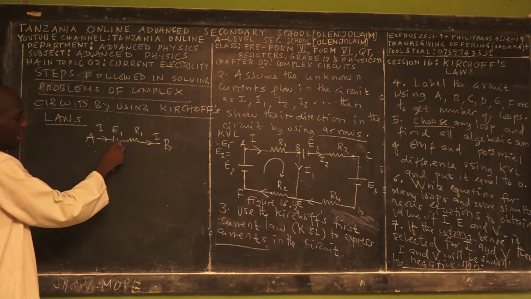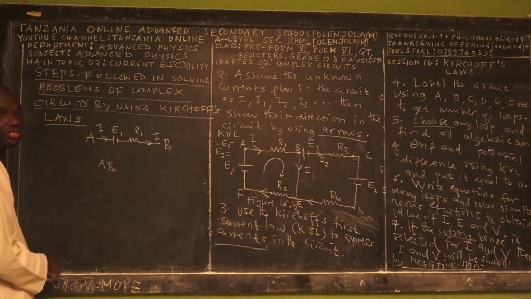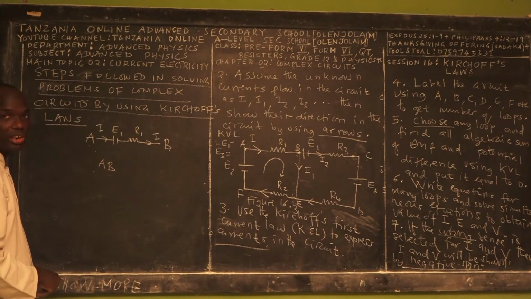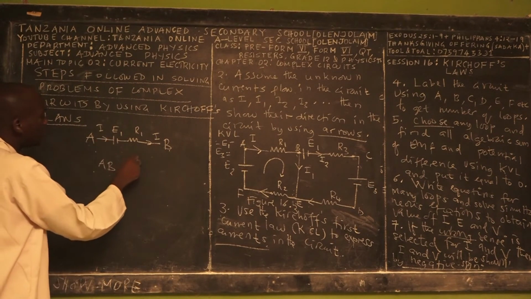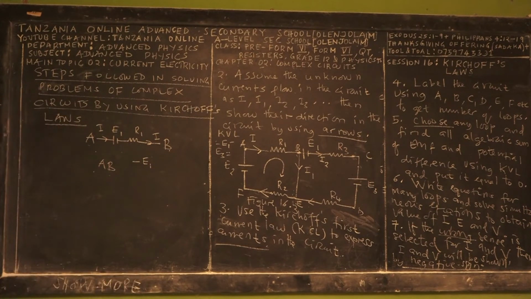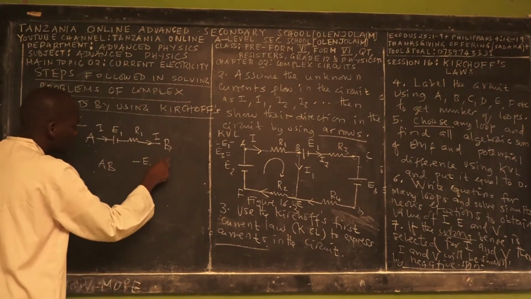How about this dry cell? The dry cell is driving current in the opposite direction, but my direction of the loop is different, right? So when I write this electromotive force, I will say negative E1. Are we together? Yes, because I moved from A to B, is equal to.